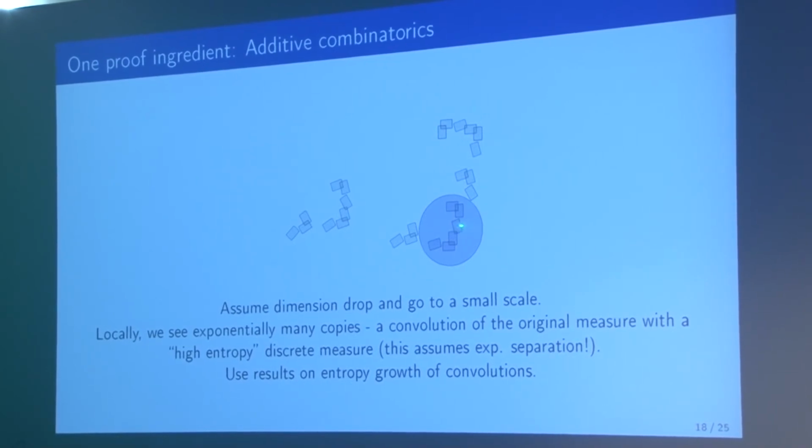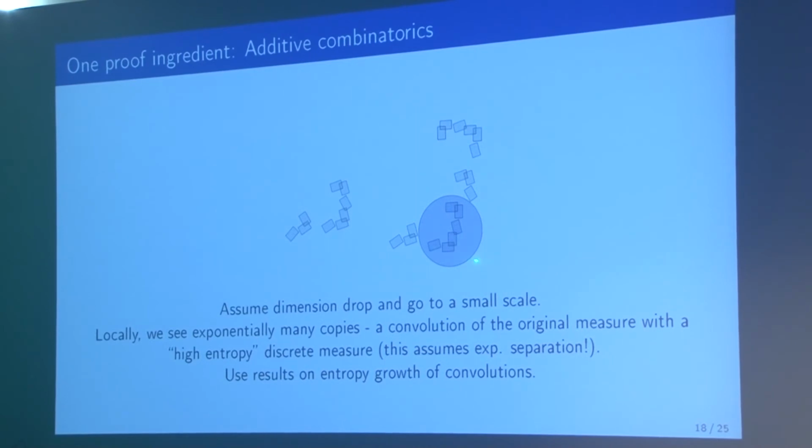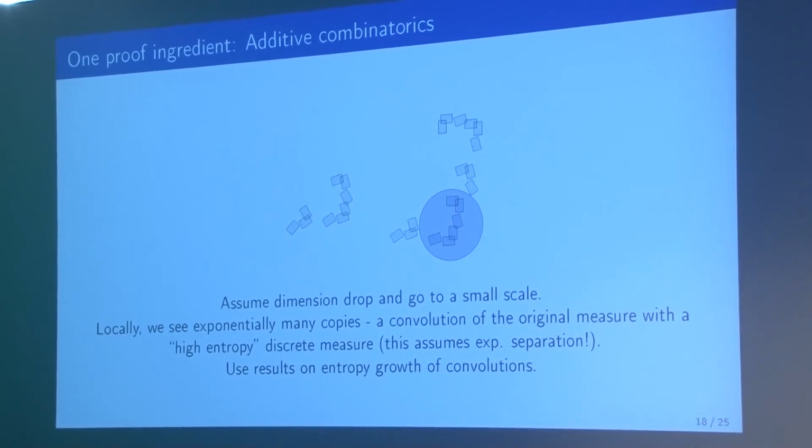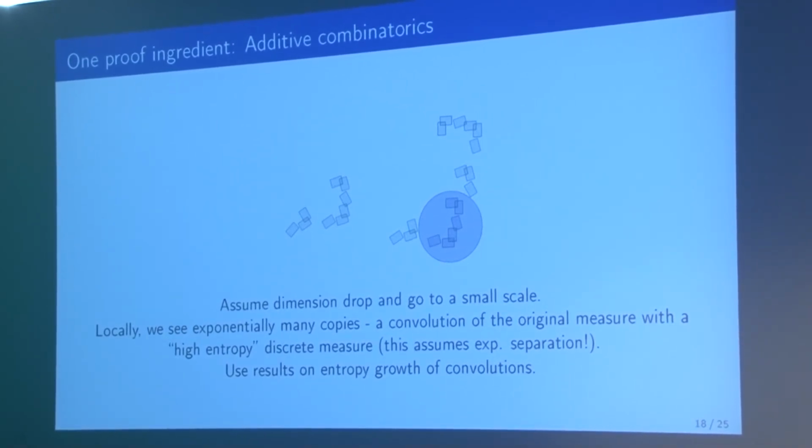And if you can show that, then when you look at the covering number at a smaller scale than this, you will see more than you should see. The convolution will cause entropy to go up, or taking a subset will cause the covering number to go up dramatically, and you will get, at a slightly smaller scale, a much higher covering number than you expected, and this will give you a contradiction.